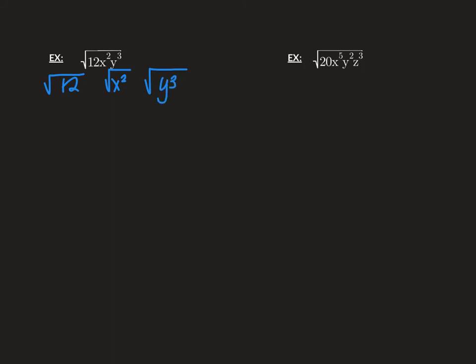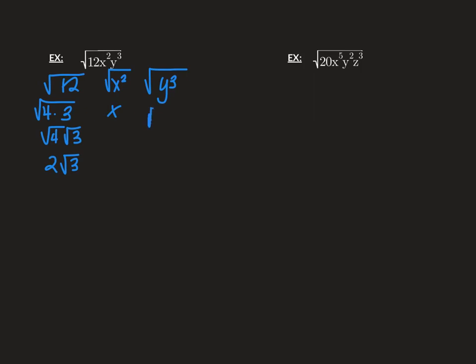Now I'm going to go through whichever method you would prefer. I'm going to do method 1 to simplify. Watch. Square root of 12 is 4 times 3, which is the square root of 4 times the square root of 3, which gives me 2 root 3. Square root of x squared, well, that's just a perfect square already, so it's just x.